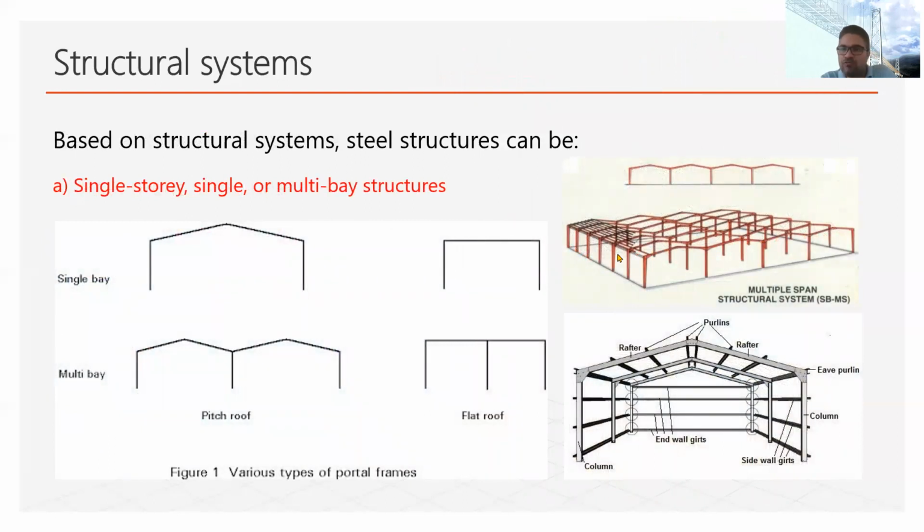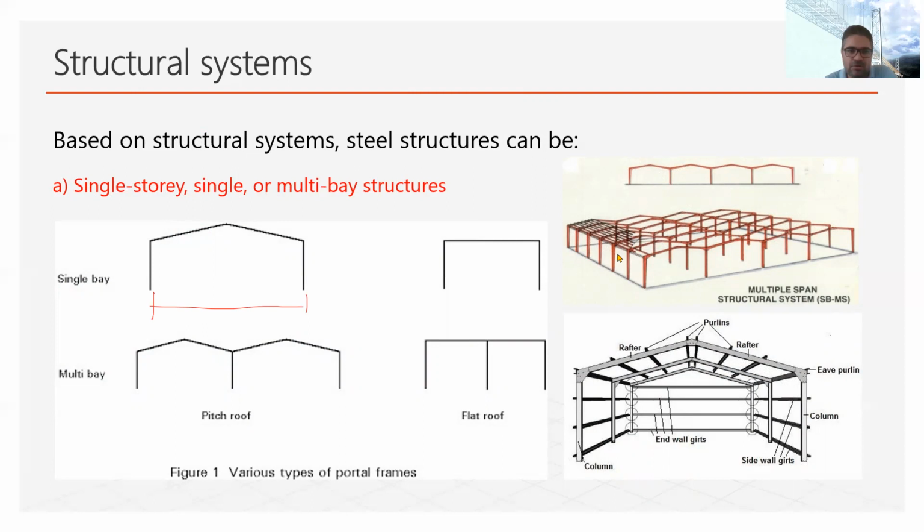So till now we have seen some different types of structures and their structural systems. Now we will see some steel intensive structures, as we are going to study steel structures in this course. Steel structures may be single bay or multi bay. So there you can see this is single bay.